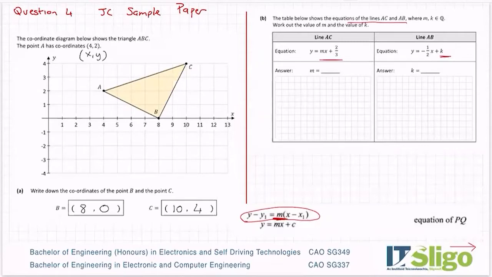I would start it as y minus y1 equals m times x minus x1. If it's the equation of the line AC, I need to use the points A and C. So A is 4, 2, which I got from here, and C is 10, 4.